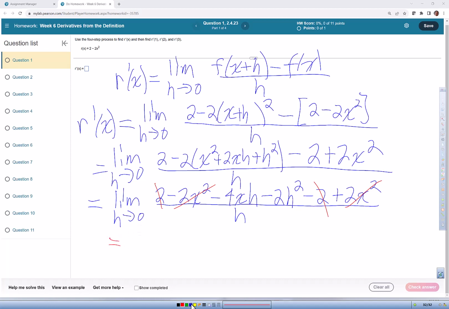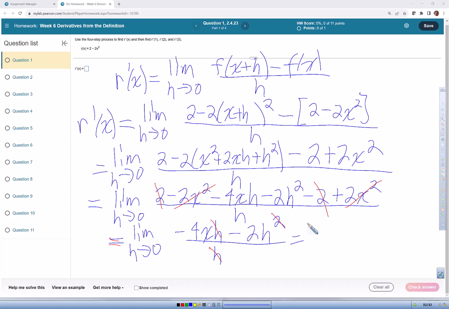So we're going to go to blue, equals the limit as h approaches 0 of negative 4xh minus 2h squared all over h. Now at this point I can cancel one h here, an h here, and this h, all to 1s.